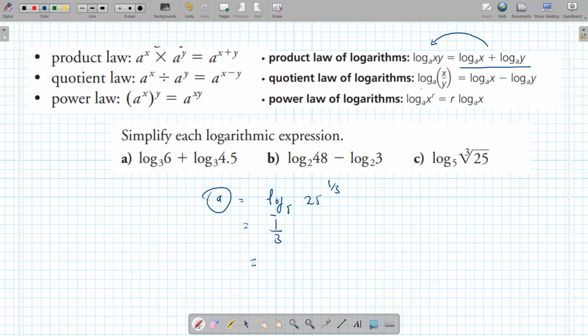Now look at this, log base 5 of 25. 5 to the power of something is 25. What is that something? 2. So log base 5 of 25 is simply a 2. So you have 1 over 3 times a 2. The answer is 2 over 3, and you are done. Just 2 steps. Not that complicated.